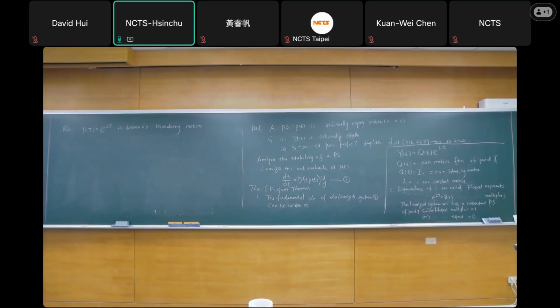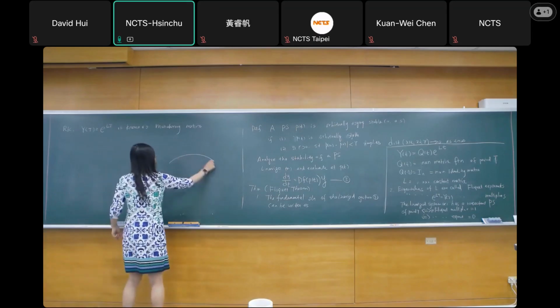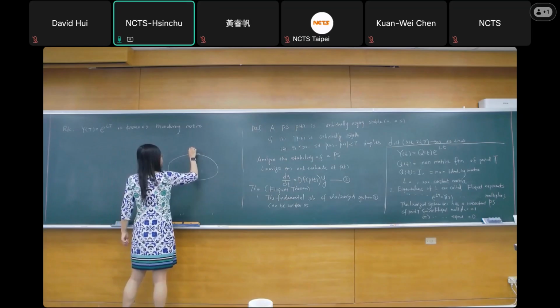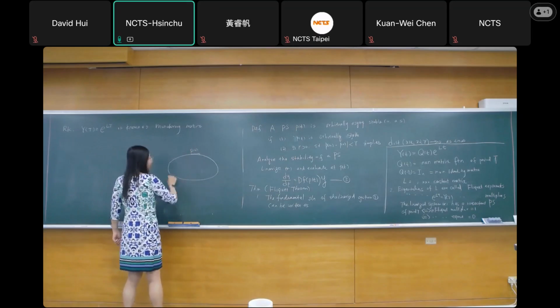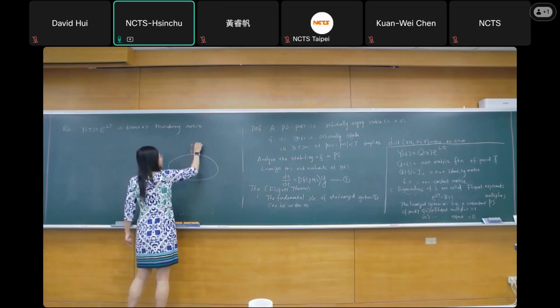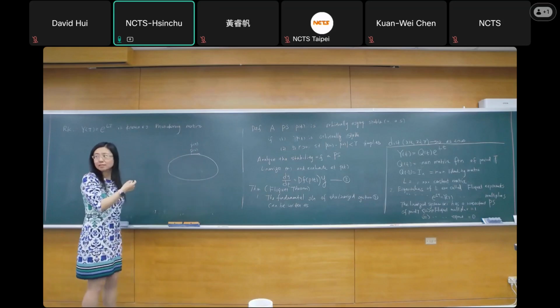The idea is you start on the periodic solution anywhere, say P at 0, and look at the tangent. After one round, the linear system sends the tangent P dot 0 to P dot T. Here is the periodic solution, and here is the tangent. After one period, where do you come back? You come back to this point, but you become P dot T. But this is periodic, so they're actually identical.